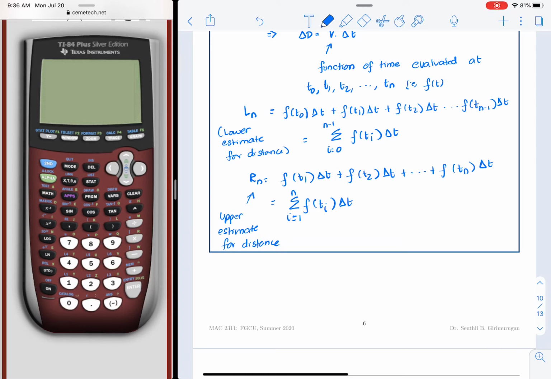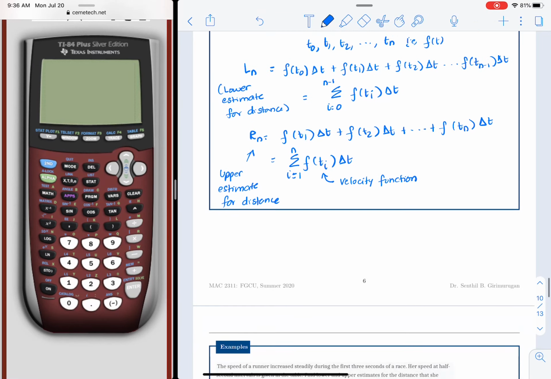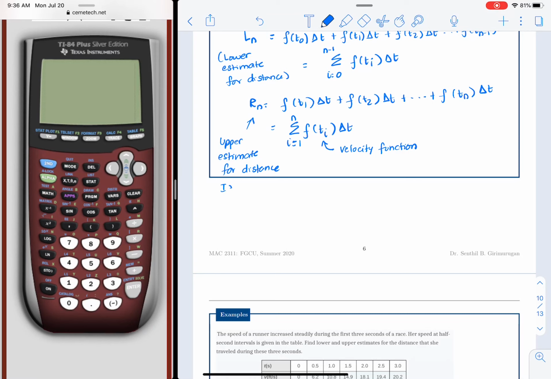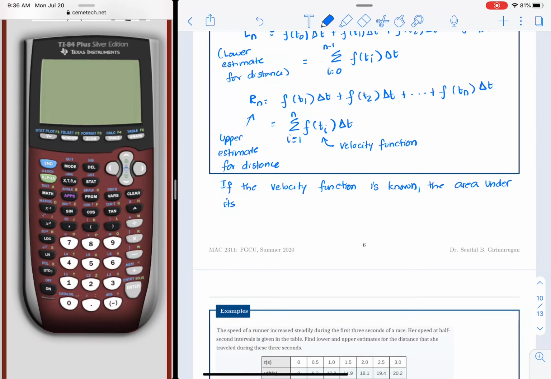So all we are trying to say is if the velocity function is known, the area under its graph is the distance.